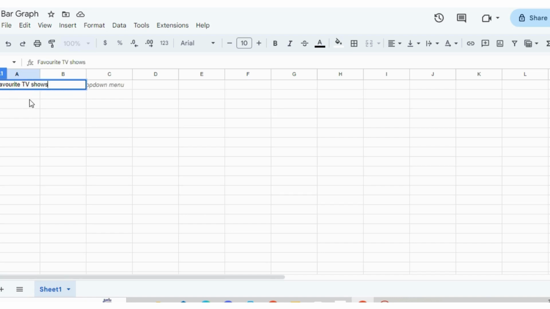And the TV shows will be PJ Masks, Paw Patrol, and Wildcraft.